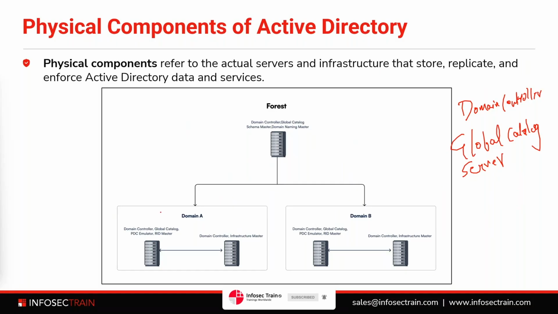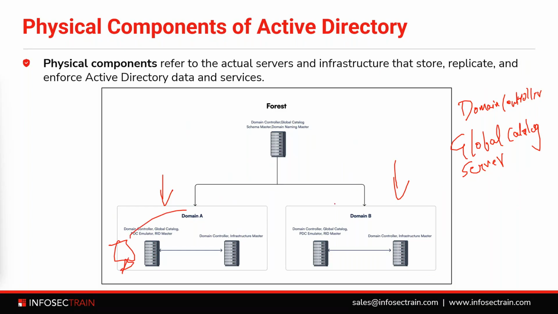Just think of it: this is domain A in the image, this is domain B. Now, if a user in domain A wants to get some information about a user in domain B, it cannot get the information directly. So it will go to the global catalog server of domain B and ask, if device B is there, can you give me some information about it?